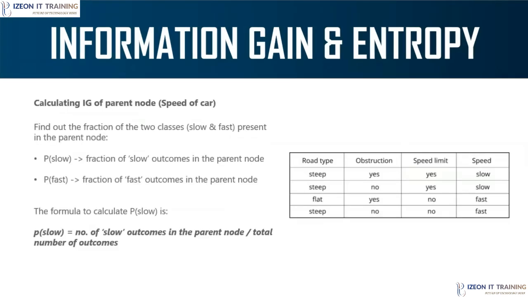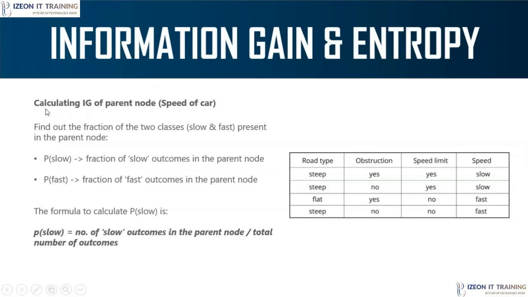Now in our data set, there are 4 observations. So we'll start by calculating the entropy and information gain for each predictor variable. We're going to start with the road type variable. You can see that there are 4 observations in the road type column, which correspond to the 4 labels in the speed column.